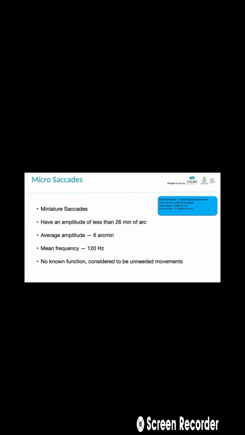So coming on to the microsaccades, these are the miniature saccades. They have an amplitude of less than 26 arc minutes, or minutes of arc. So what exactly is the terminology of the minute of arc or arc minute? An arc minute is a unit of angular measurement. 1 arc minute is equal to 1/60th of 1 degree.